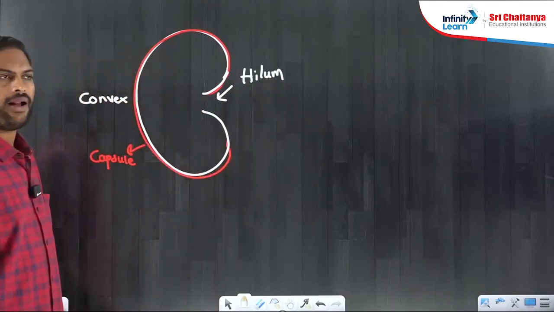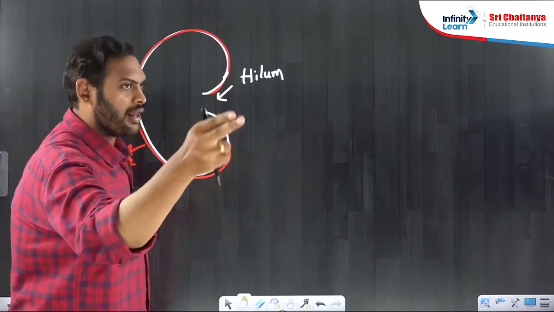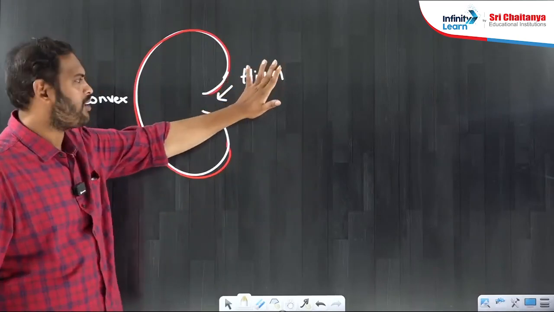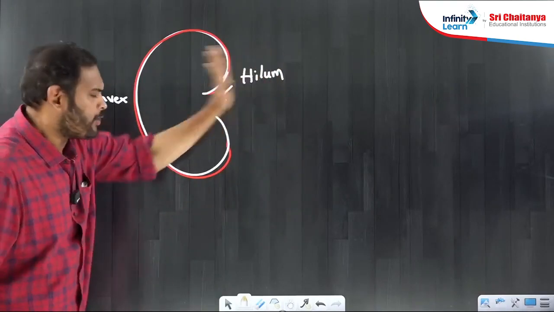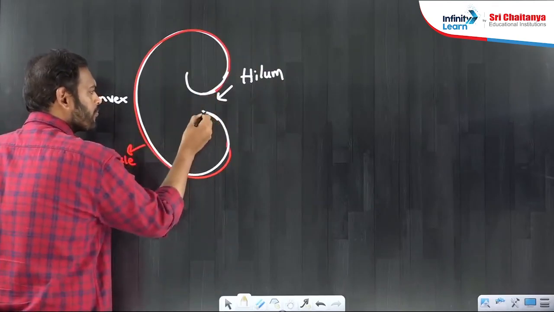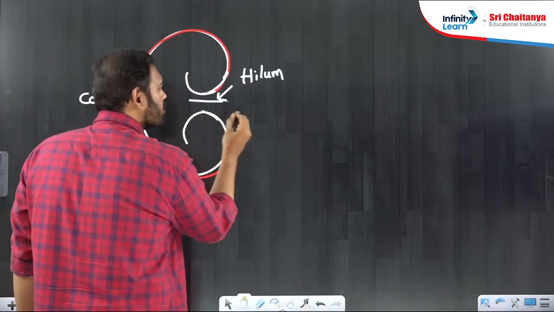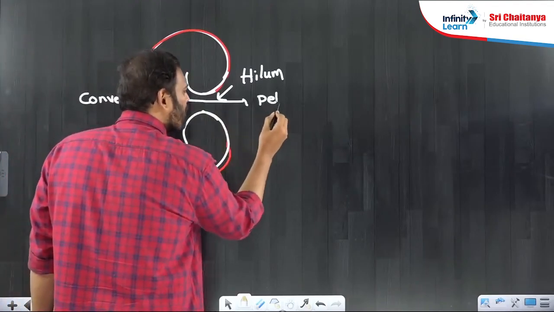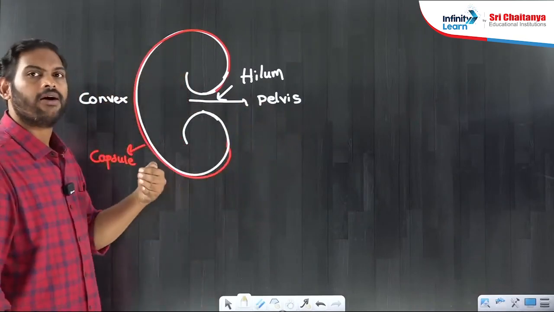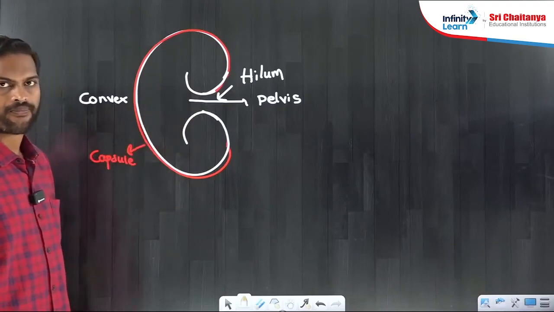And this hilum-like notch opens. Yes, hilum is okay. Hilus is also okay. Don't worry, both are correct. This notch is hilum. It opens into a funnel-like structure known as renal pelvis.